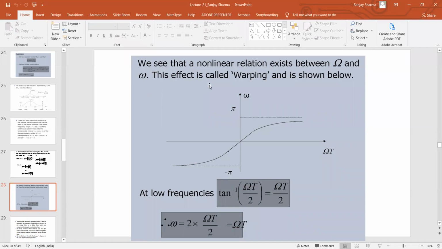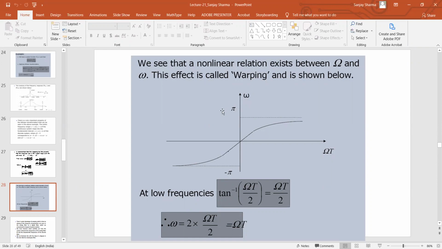And this effect is called warping and is shown below. Once we apply the bilinear transformation, this effect is called warping, where the digital frequencies are being squeezed within the fundamental period from minus pi to pi.